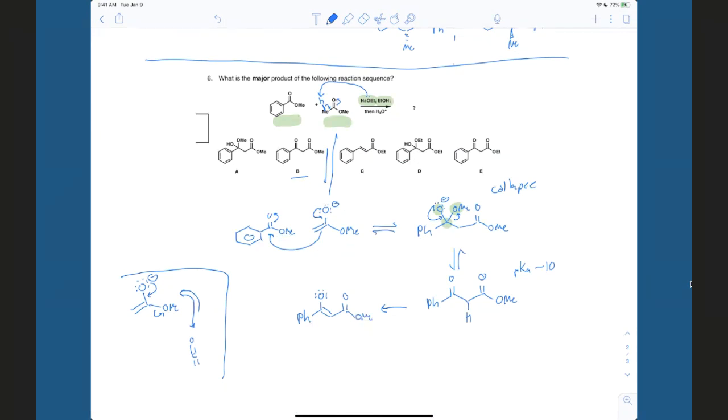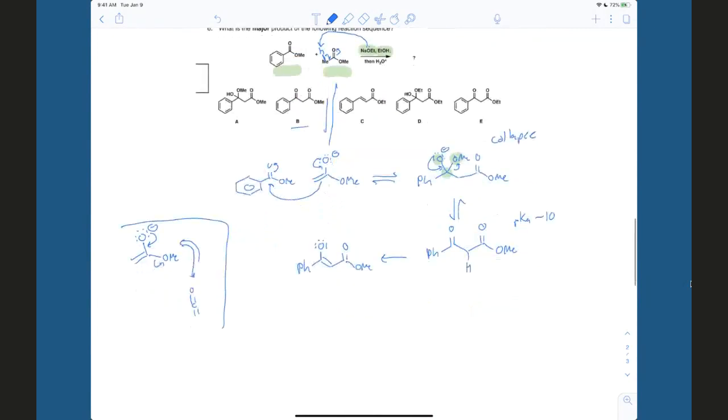So something else that happens, they mentioned that the methyl changes to an ethyl, the esterification. This is something else you want to pay attention to. Usually you'll be trying to match the type of base you use to the type of ester. So if you had a methyl ester, you'd probably want to go in with sodium methoxide.